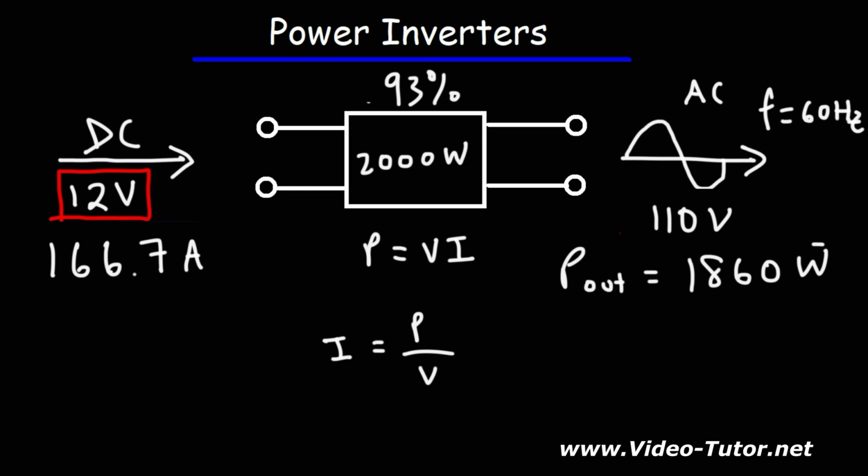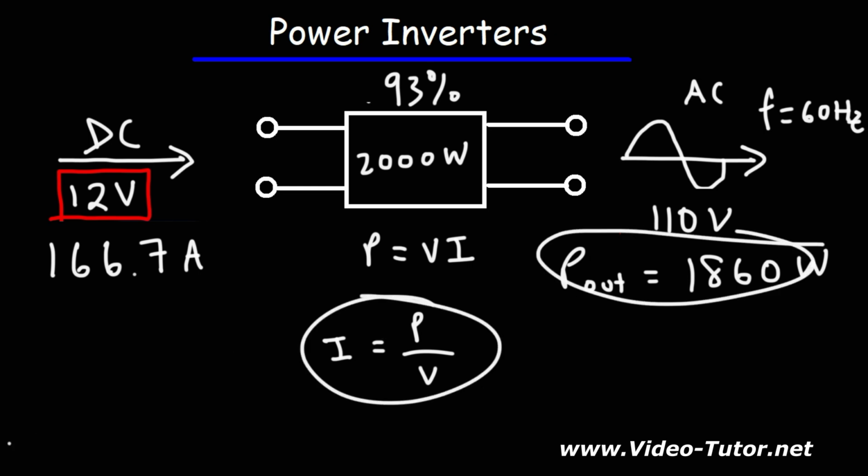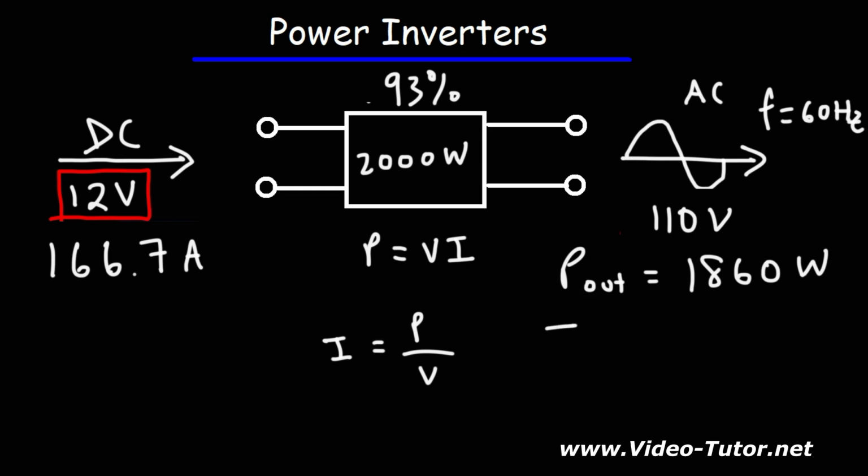Now, using this new reduced power, we can estimate the output current that this device is going to deliver. So we're going to take the power, 1860 watts, and divide it by the output voltage, which is 110. And that is going to give us a current of 16.9 amps.